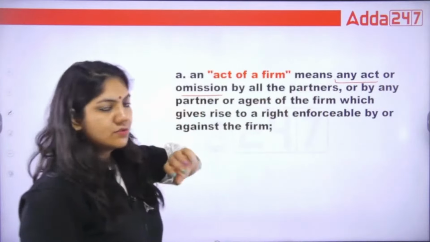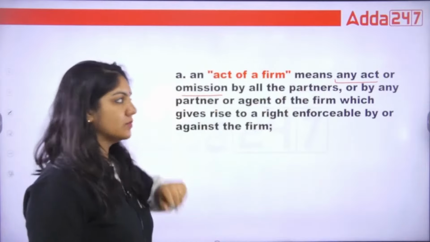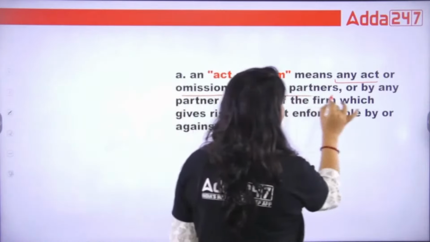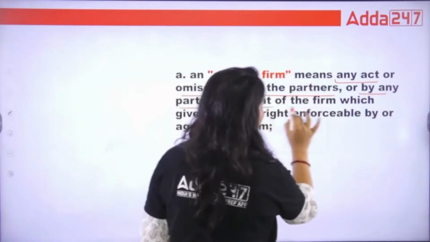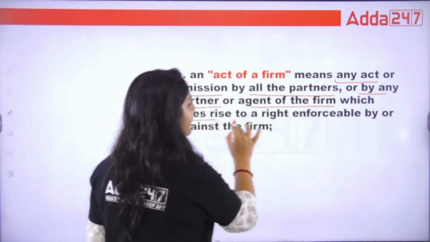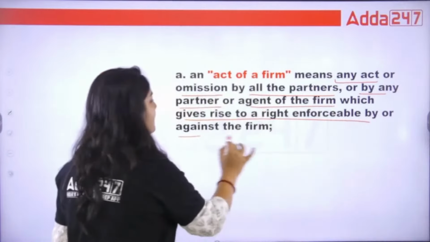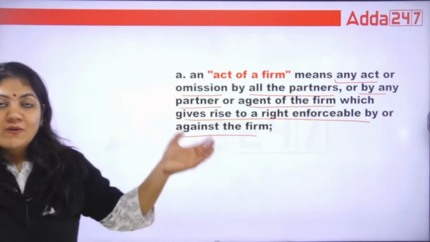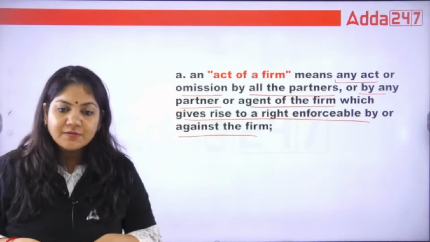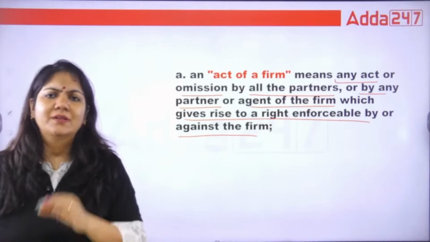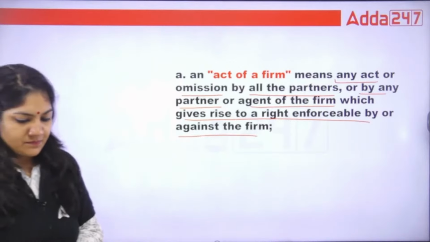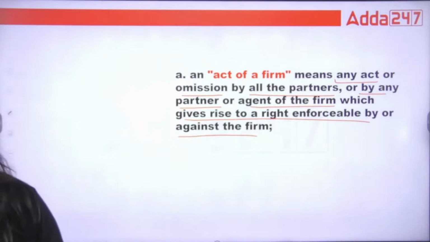What is act? To do. Omission, not to do. By all the partners or by any other partner, agent of the firm, which gives rise to the right enforceable by and against the firm. So act of the firm means if the partners are doing business in the name of the partnership firm, it is called act of the firm, in simple language.